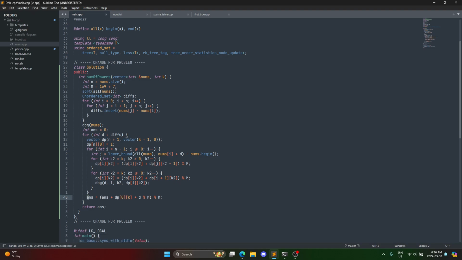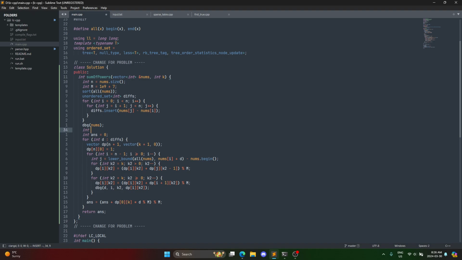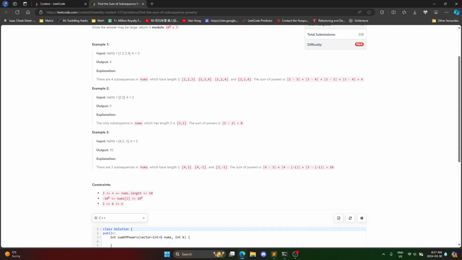Also, if oh, I see the problem. Hmm. Oh, but this sum is rounded.